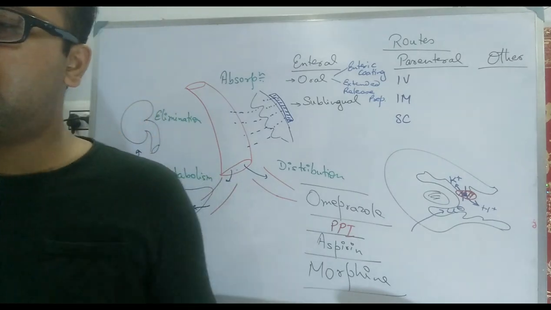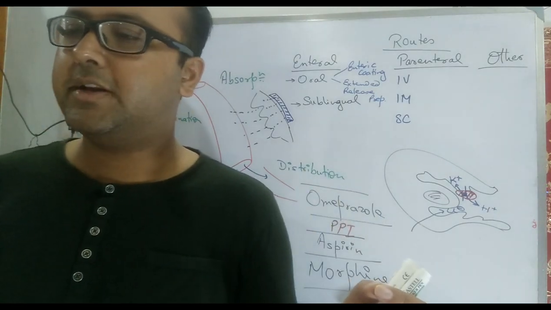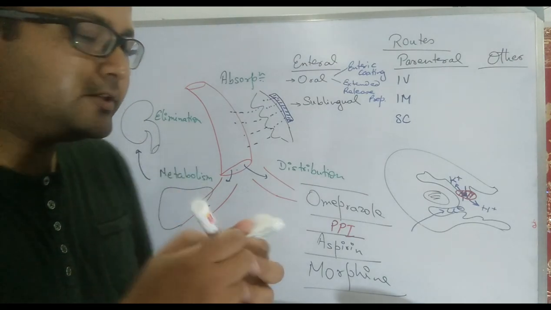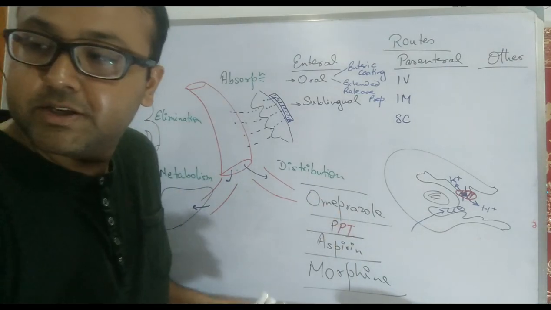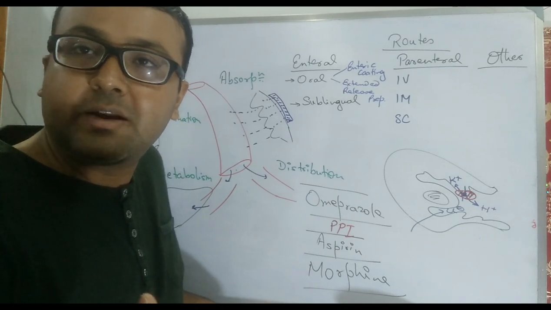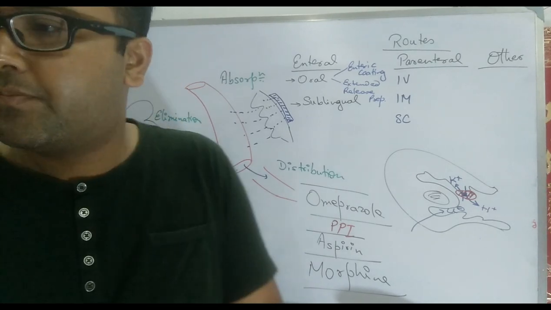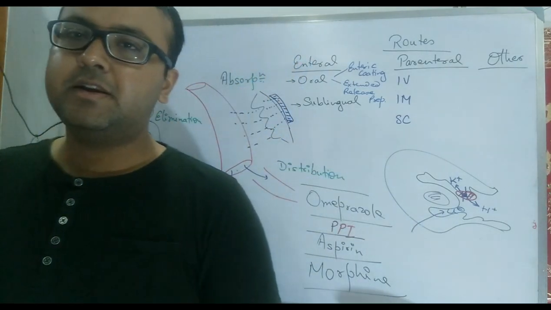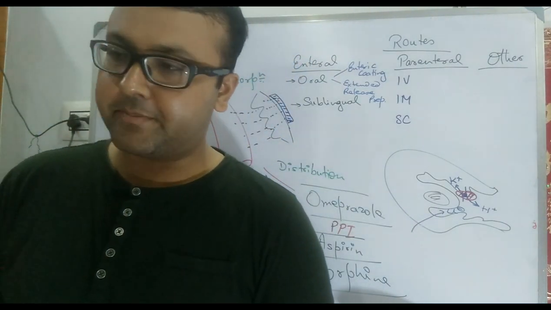Why? Because later on in this session you will learn that one factor which controls our dosage, that is how many times you are going to give one particular drug. Why does morphine need to be given 6 times a day?